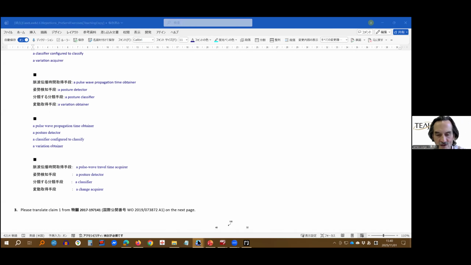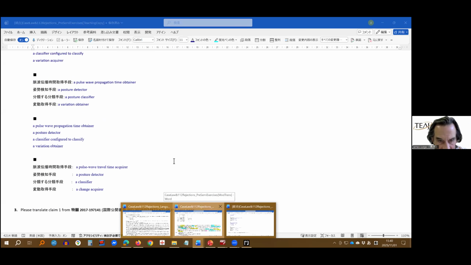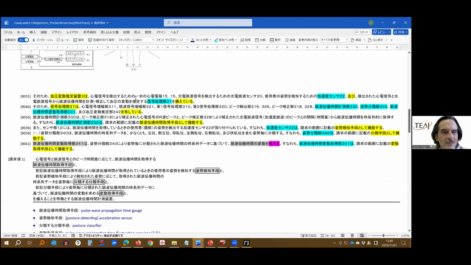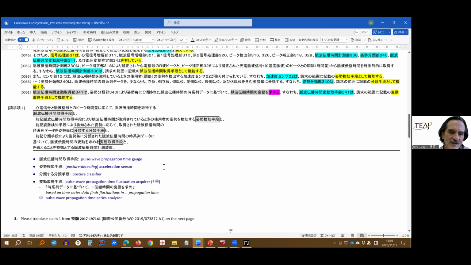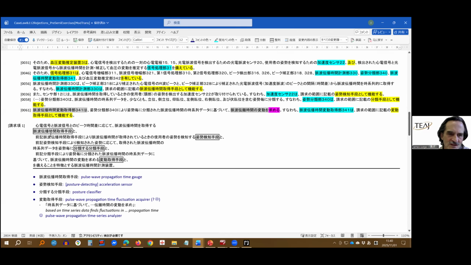What I did, I did basically the same thing in my model translation. I'm sorry, I did some more. I went beyond. Understanding that circuitry is probably not going to work, and just adding OR or ER to the functional verb is probably not going to work, I dug a little bit deeper into the spec, and what I did here is I used the word gauge because we have a keisokubu.